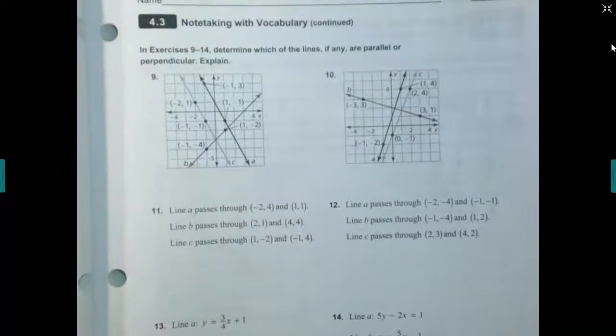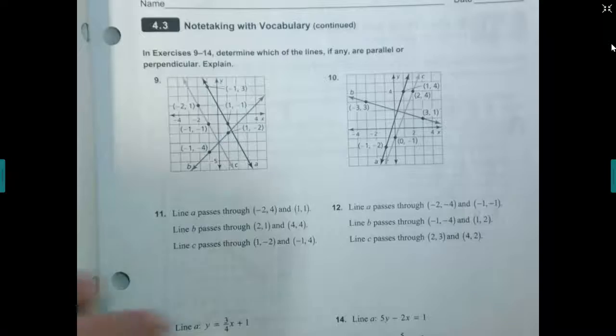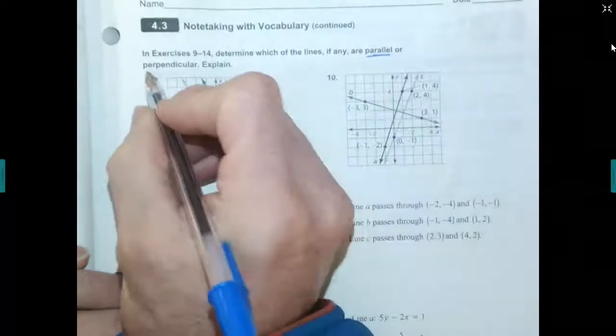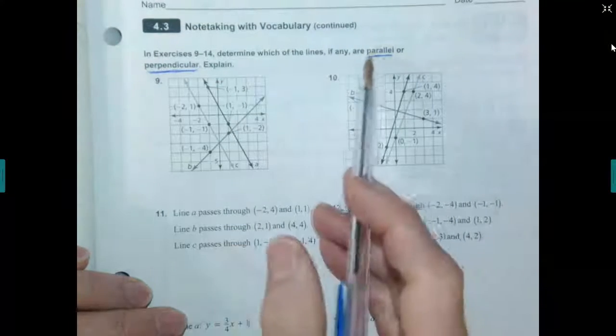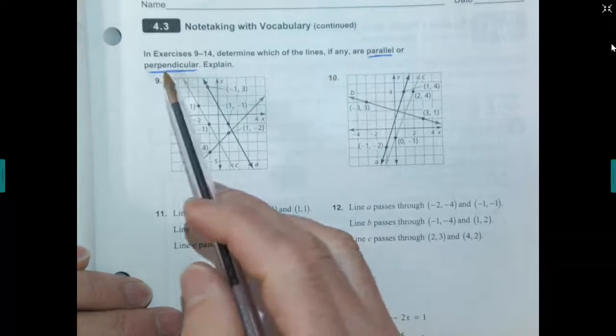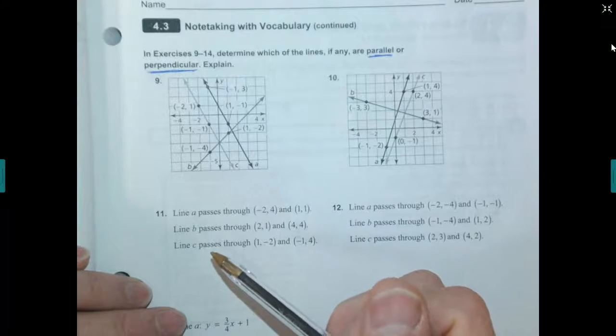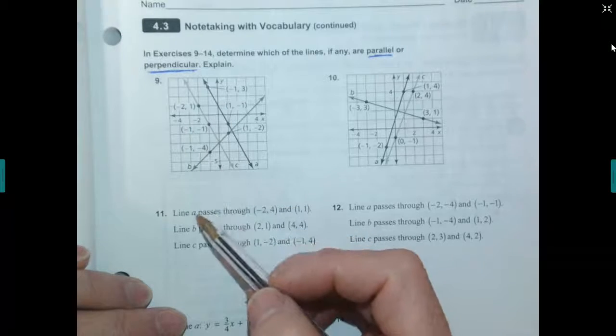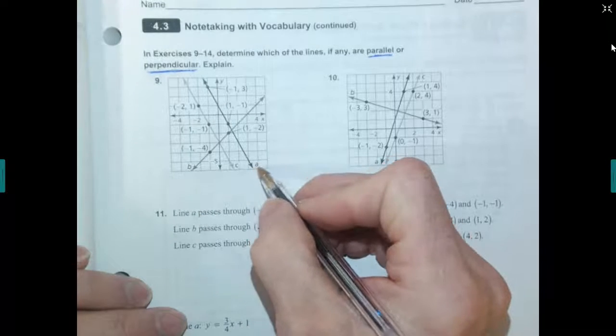All right, fun. Now we get to find out if any lines are parallel or perpendicular. Don't forget, parallel, same exact slope. Perpendicular is opposite reciprocal slopes. So let's look at these. There's line A right there.